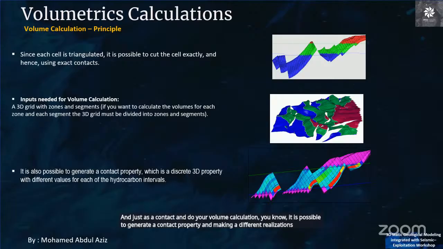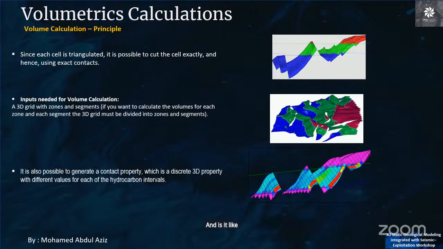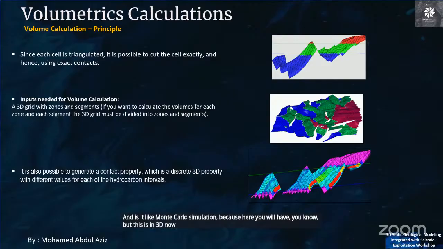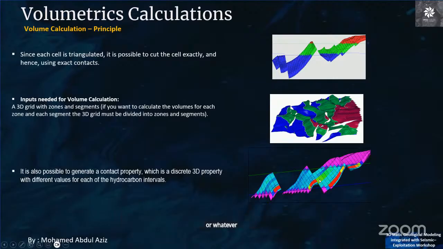In such a way, you will have a result like a Monte Carlo simulation, but in 3D now, so you will have the 3D property with different values for each of the hydrocarbon intervals after your calculation for oil in place or recoverable oil, whatever you need. You are doing different realizations of the volumetric calculation in the static model.